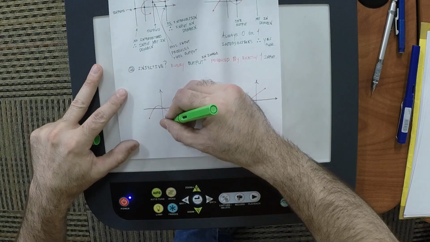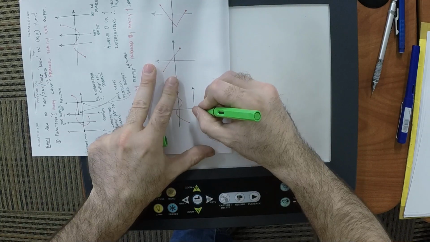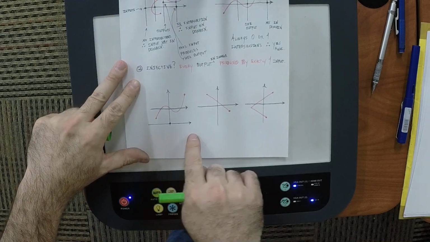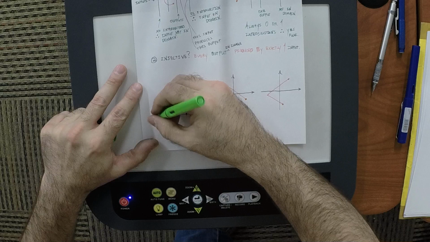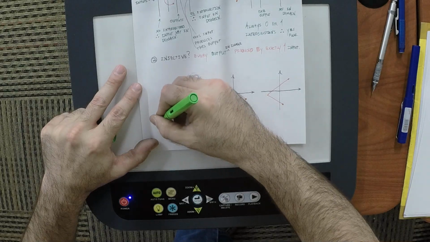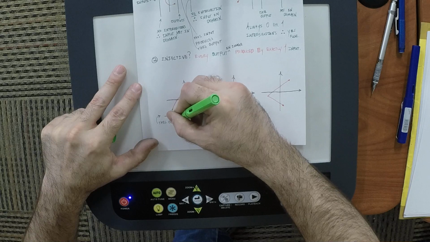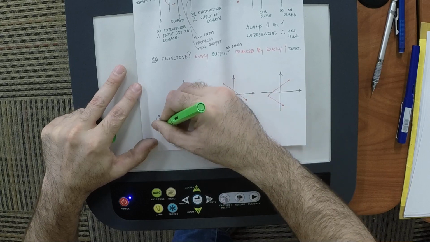So notice that this horizontal line, how many intersections does it have? Well, none. So this output has no intersection.